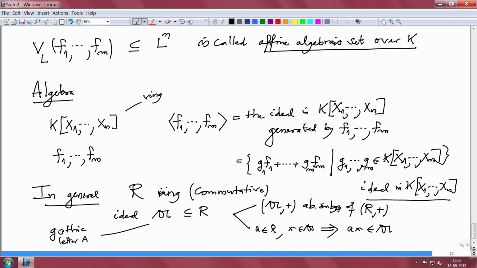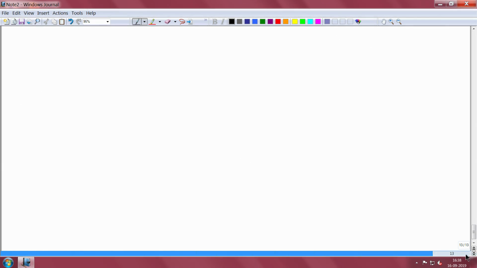So this is an ideal, and note that it is clear from the definition that this solution set does not depend on these polynomials, but only on the ideal generated by the polynomials. So this is the same thing as the ideal generated by this. And what does one mean by this?